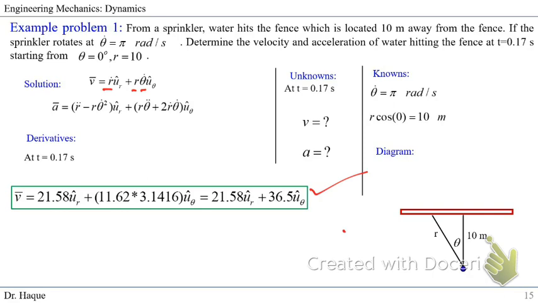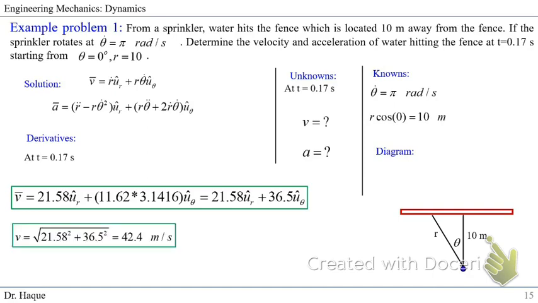If we take the square root of the first term and the second term, we get the velocity, 42.4 meter per second. So what is the direction? We know the velocity is tangent.